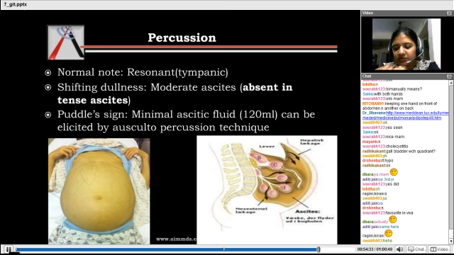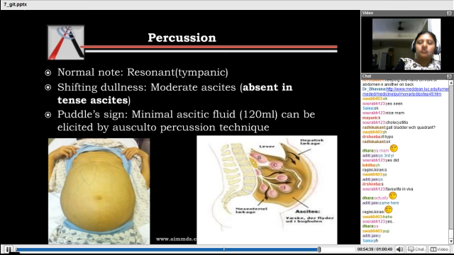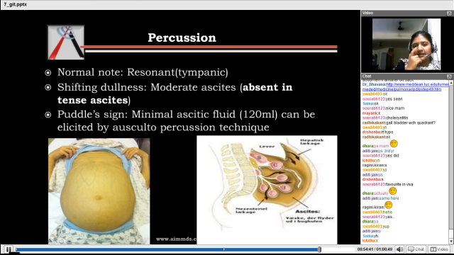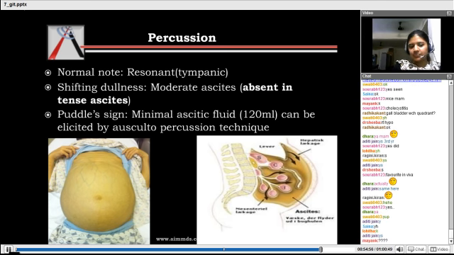So that's why there's going to be a shift in the fluid, correct? So you will hear a dull sound because of the presence of fluid. But you must note that a tense ascites, I mean, all of you can understand what a tense ascites is, right? Tense ascites will be seen in case of a severe ascites.